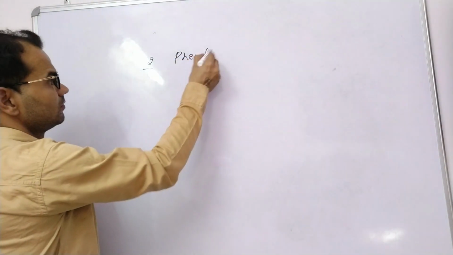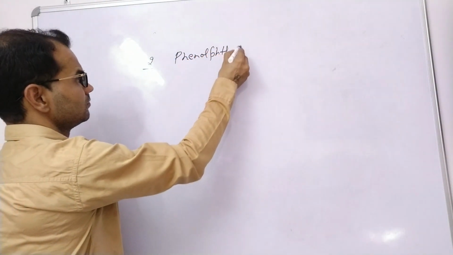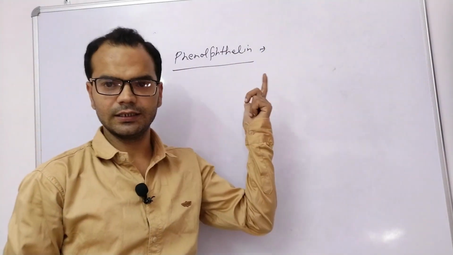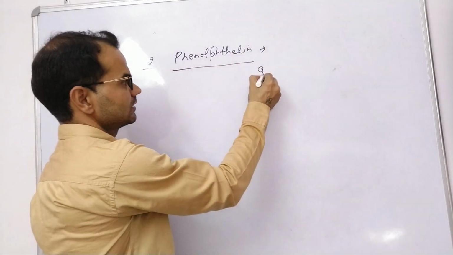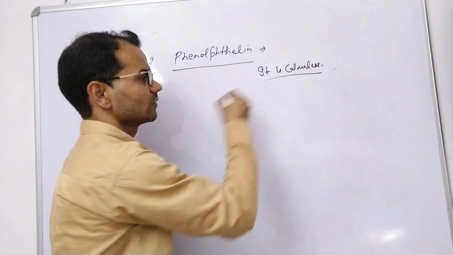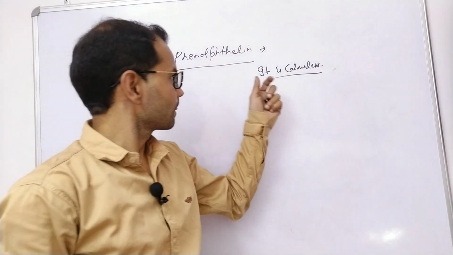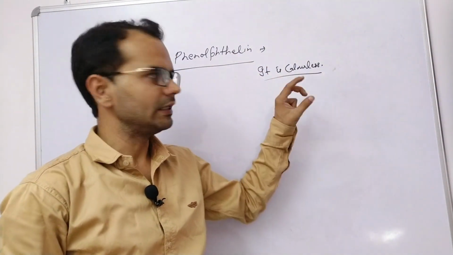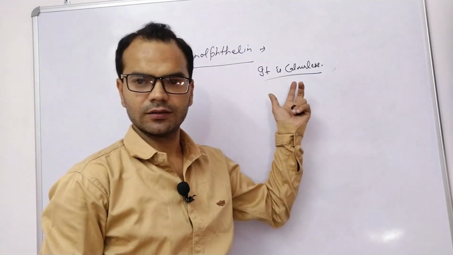Phenolphthalein. Phenolphthalein is the second synthetic indicator. Actually it is colorless. It is colorless in nature, but if we add a few drops of acid or base, definitely there will be a change in color. What will happen?